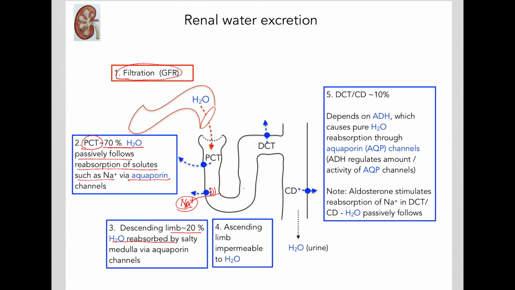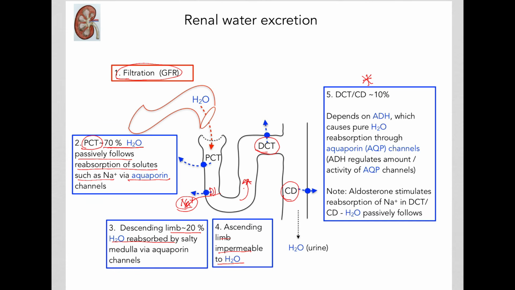The ascending limb is impermeable to water, so nothing happens to water here. Now here in the distal convoluted tubule and the collecting duct, this is very important for water regulation and for understanding hypo as well as hypernatremia.